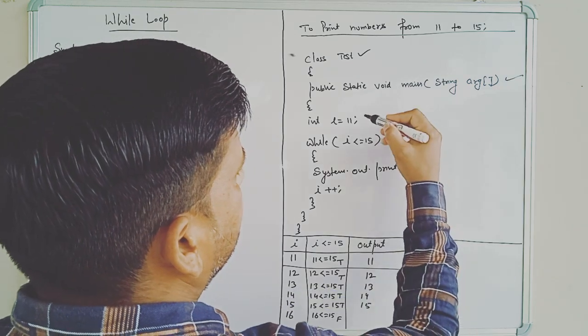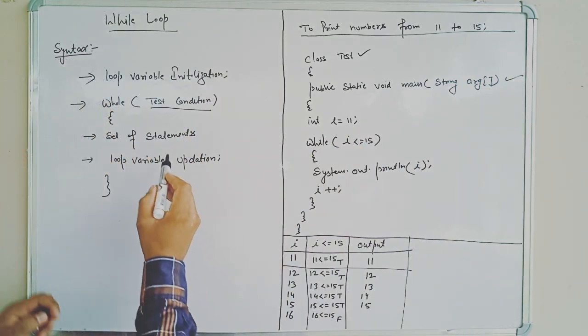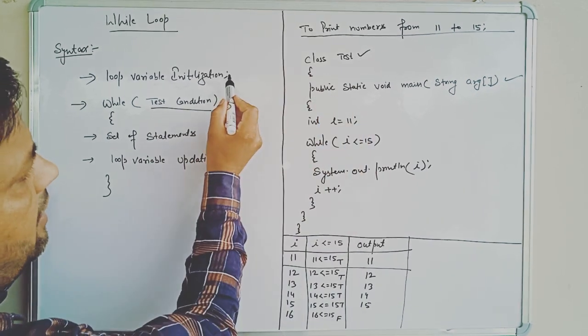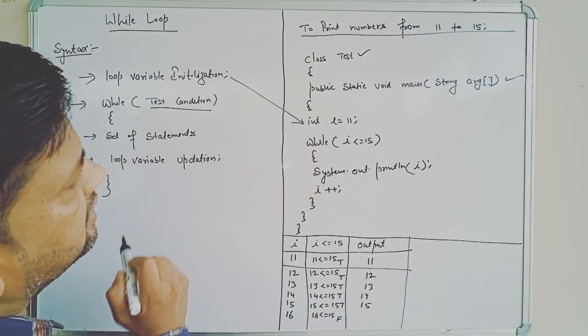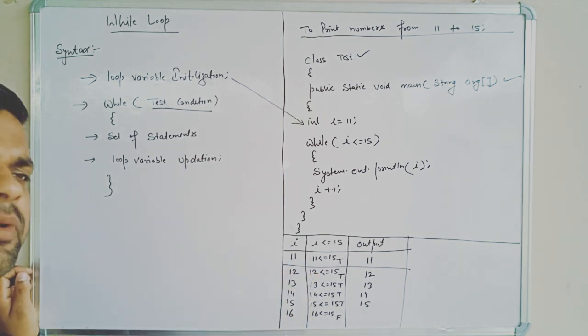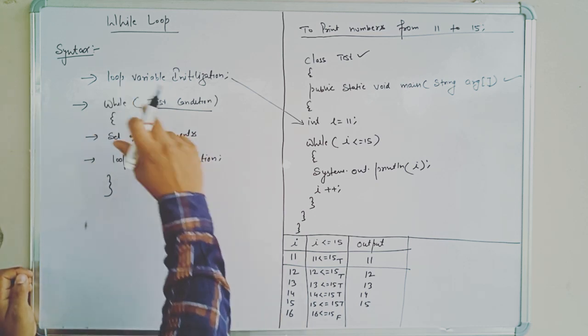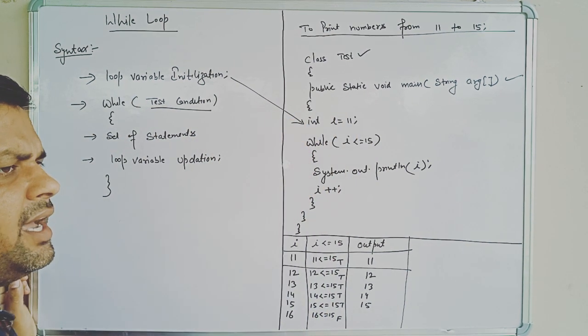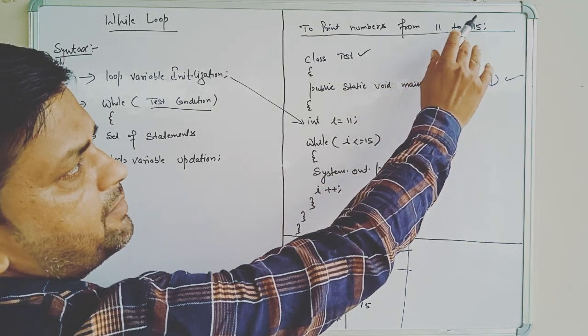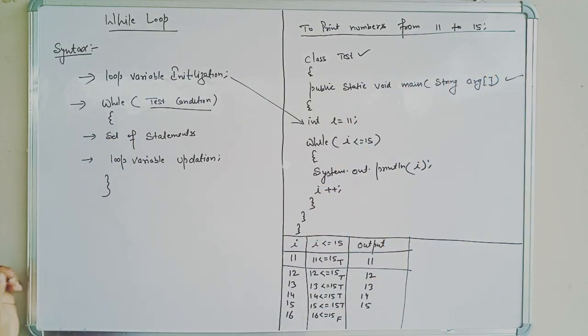If you compare this syntax with this program, this line represents loop variable initialization. Initialization means we will set the starting point for the loop. So I have written i is equal to 11. Why 11? Because I want to print the numbers from 11 to 15, so my starting point for the loop will be 11.